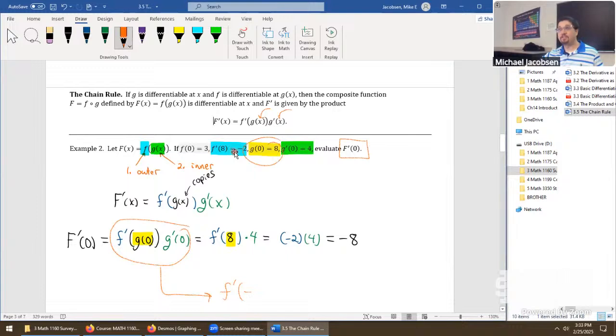There is that value -2, but we have to see that 8 actually vanishes because when we go f prime, oh, hang on, let me try again. F prime at 8, the whole g of 0 here just gets wiped out. It's just a full-on substitution. So now f prime at 8 itself just turns into that -2. So that factor right there.